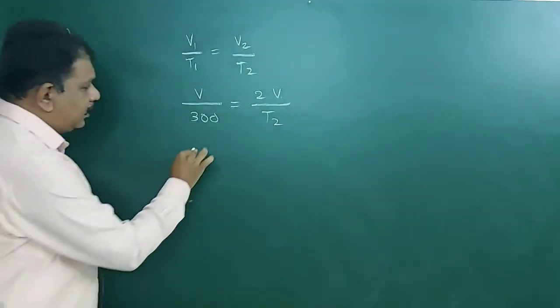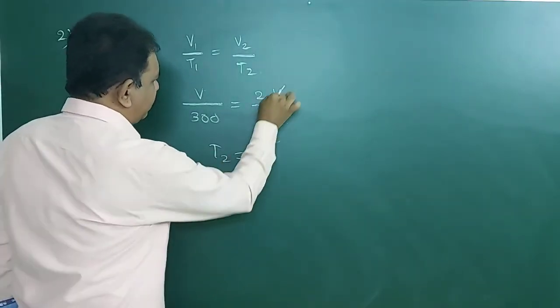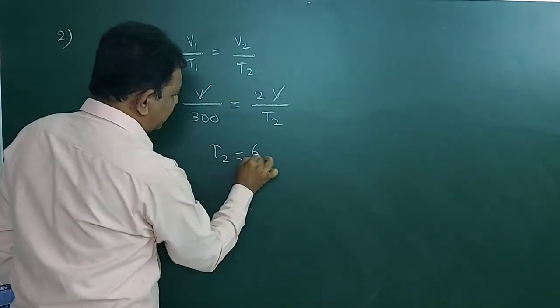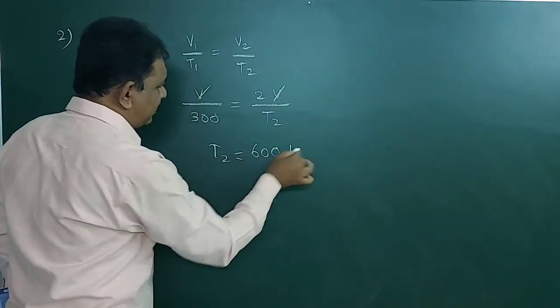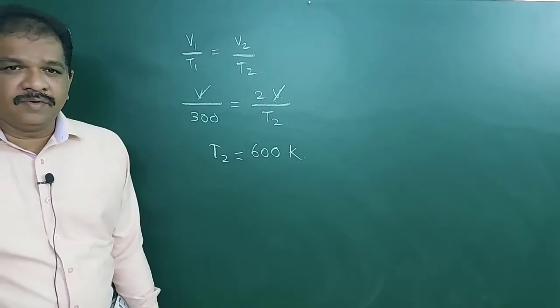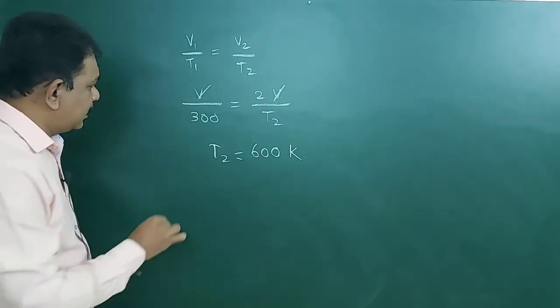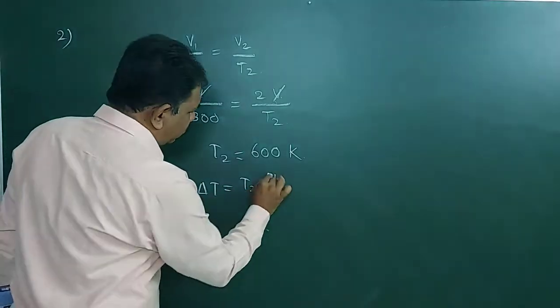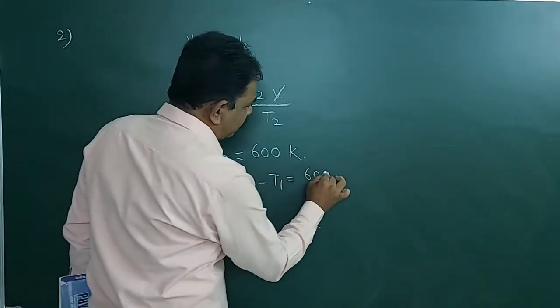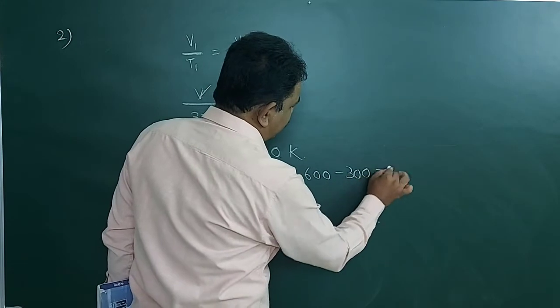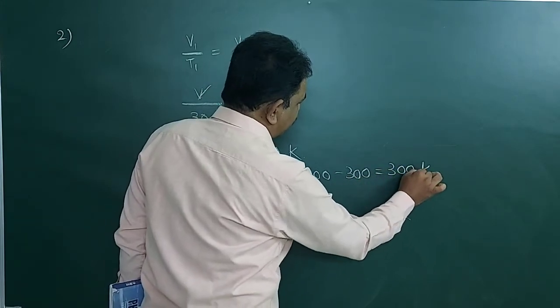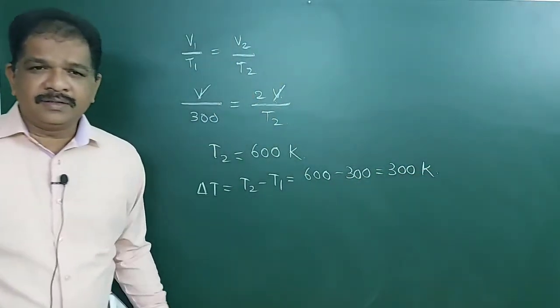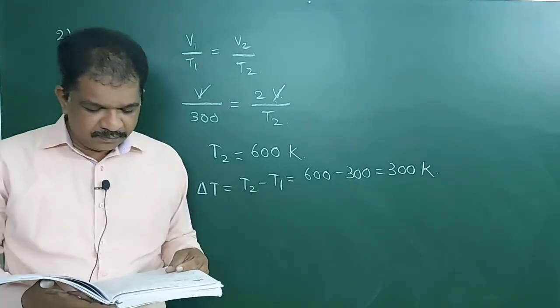Then the T2 value, V and V both sides will cancel, will be 600 Kelvin. Then what is the increase in the temperature? T2 minus T1, 600 minus 300. This value will be 300 Kelvin.